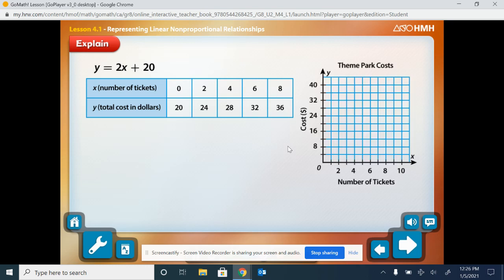Now, let's see what the graph of the ordered pairs would look like. 2 points, 0, 20, and 2, 24, have been plotted already. Now, plot the rest of the points. So the next one is going to be 4 and 28, 6 and 32, and 8 and 36.